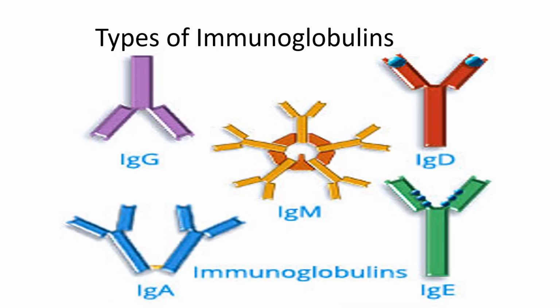Now this slide will show you the 5 different types of immunoglobulins: immunoglobulin G, immunoglobulin M, A, IgD, and IgE. Immunoglobulin G is one of the immunoglobulins which is transferred from mother to the fetus and the newborn.